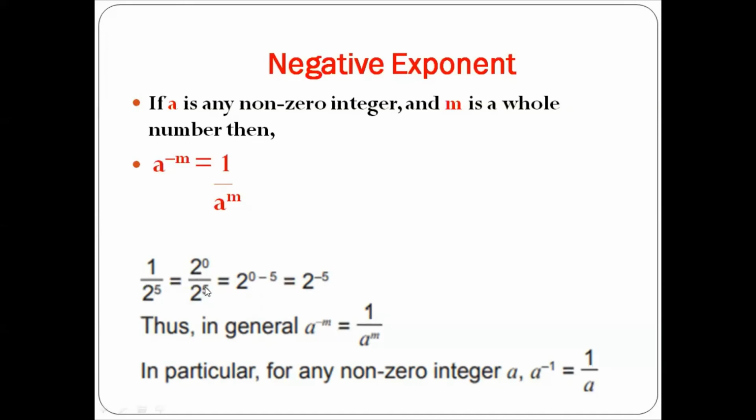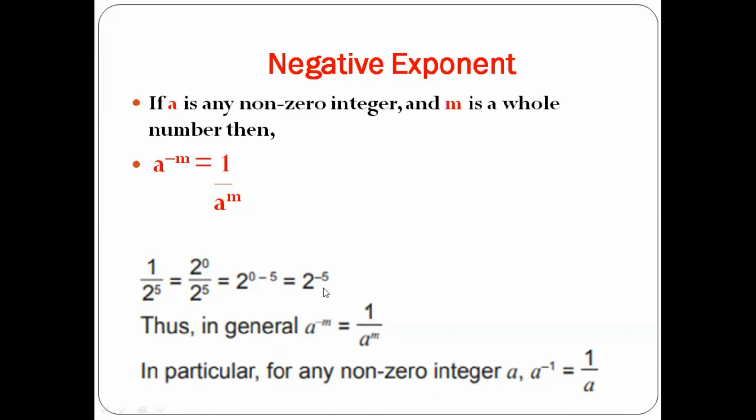Now, the second law of exponents says that if the base is similar and we have to divide, we can subtract the exponents. So we will take the same base 2 and subtract the exponents, that is 0 minus 5. When we subtract 0 minus 5, we get 2 raised to power of negative 5.